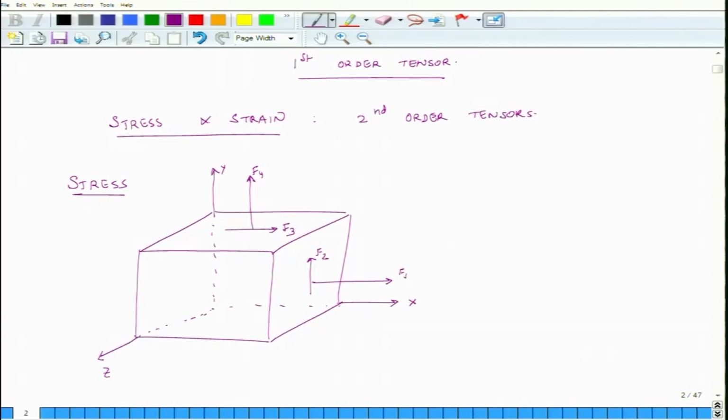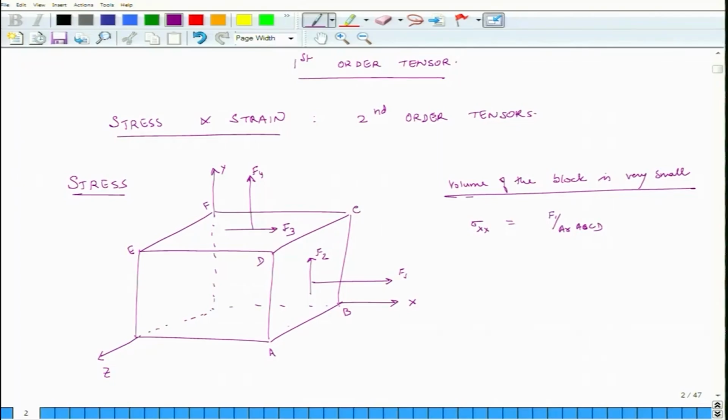If the volume of the block is very small, then I can say that sigma xx equals F1 divided by area, so let us call this area A, B, C, D, and this is E and F. So, this is divided by area A, B, C, D, and this is a tensile stress.